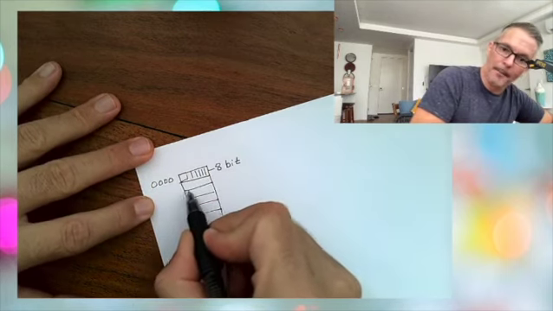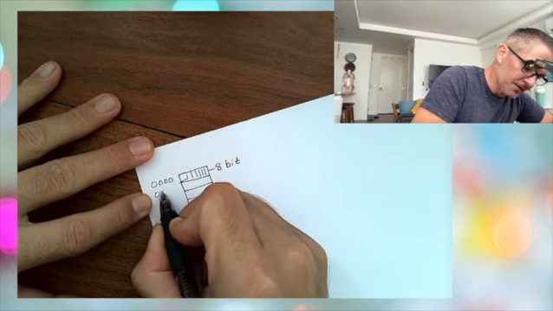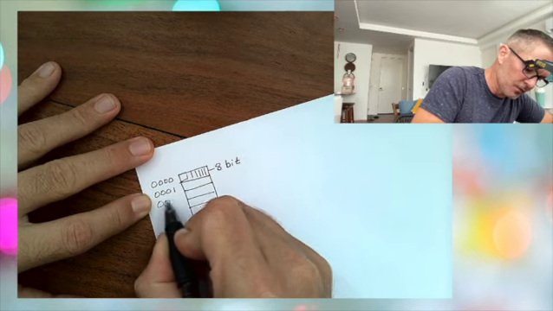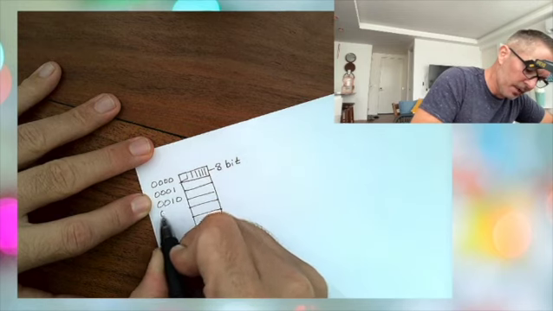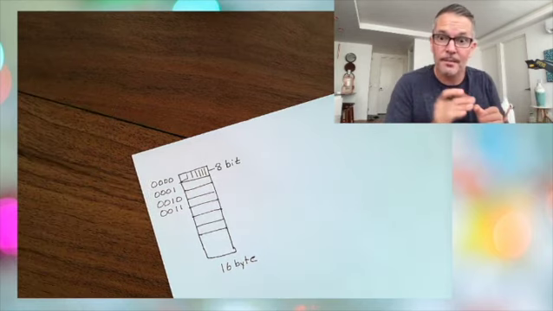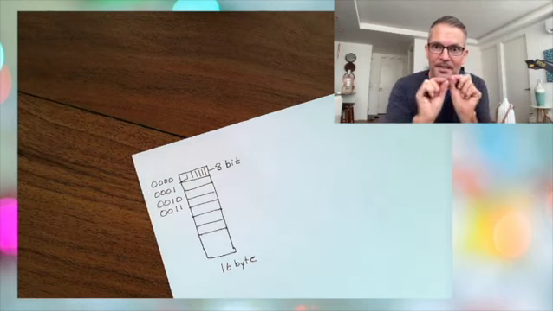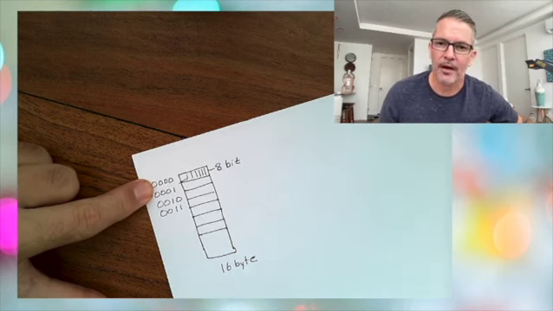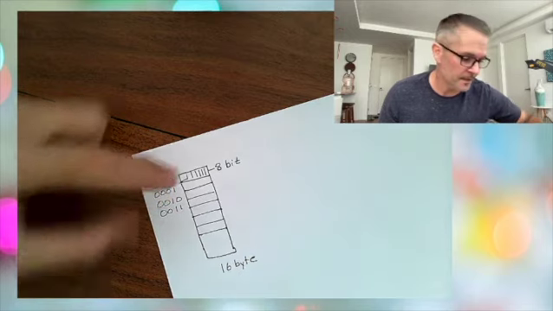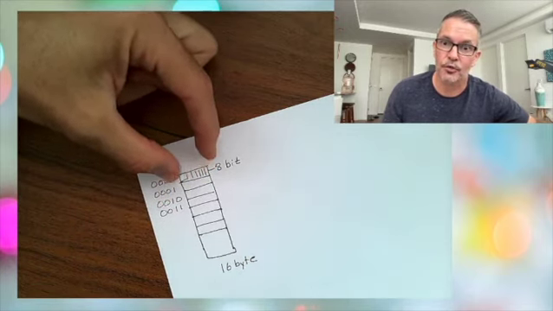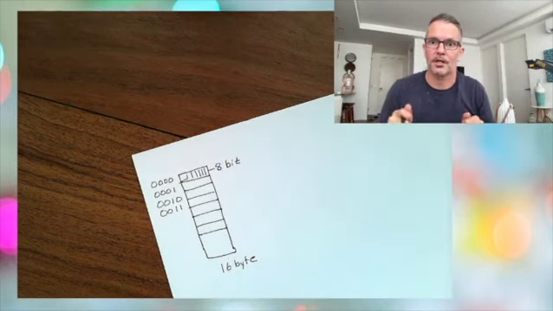The second byte of memory would have the address 0001. The next byte would have the address 0010. The next byte would have 0011. So if I went to the memory chip and put a signal on it and said, hey, go get me the value that's stored in address 0001, it would faithfully take the values of those transistors and show me which ones are on, which ones are off.